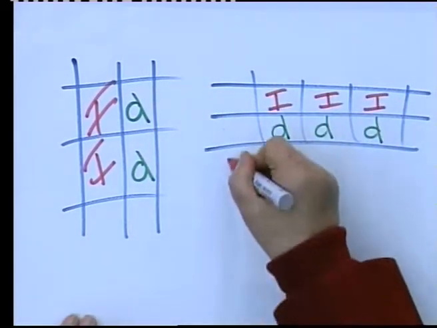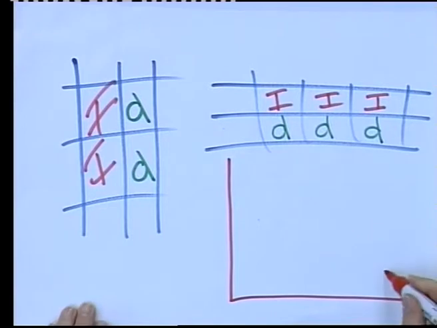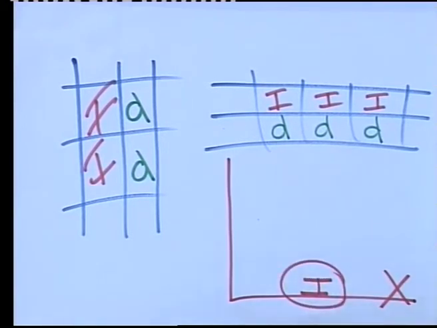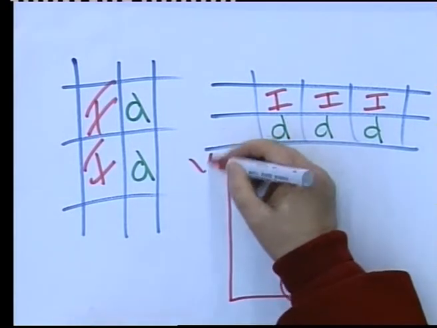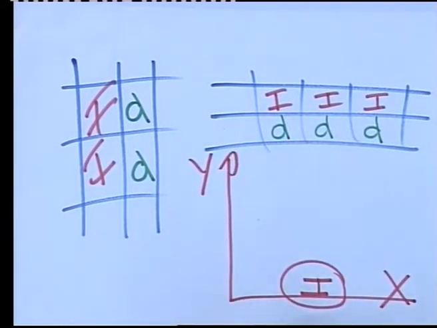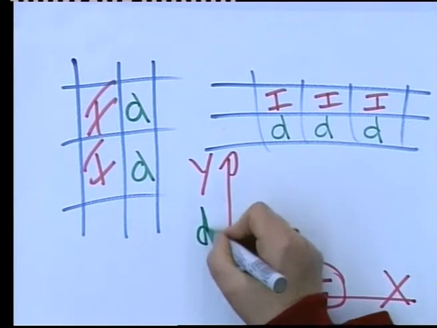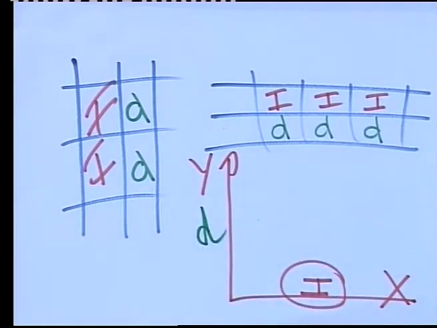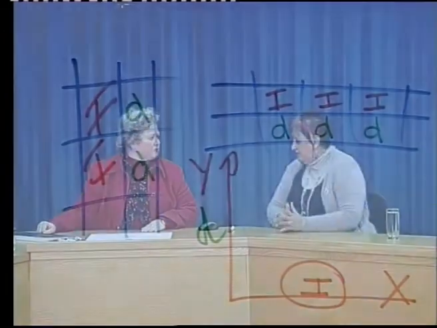And when you do a graph, which one do you put on the x-axis? The independent variable. What do you put on the y-axis? The dependent variable. And I think this is very important that our learners should know this, because they will be given a table sometimes, and from the table they will have to draw a graph, or vice versa.